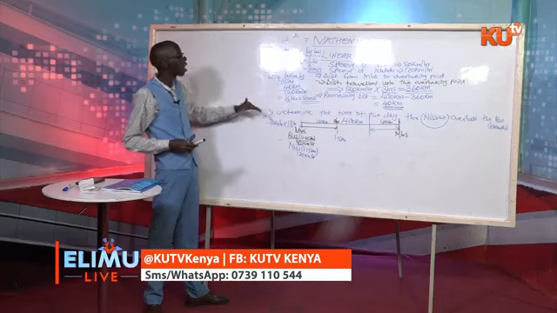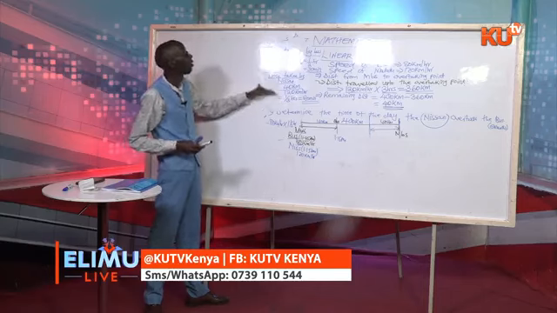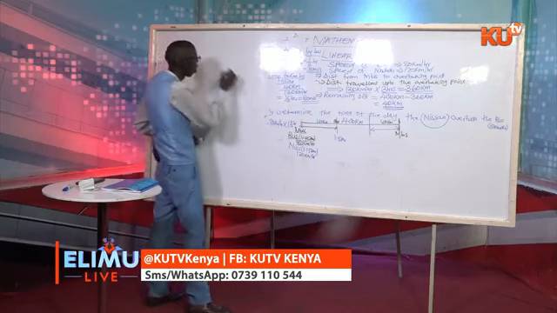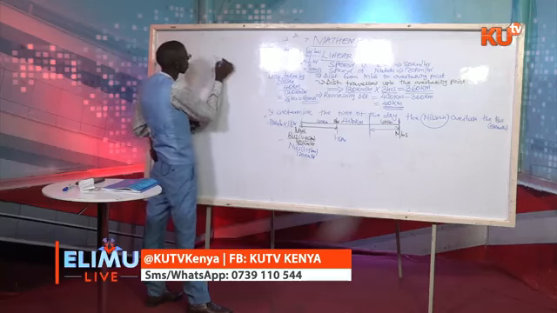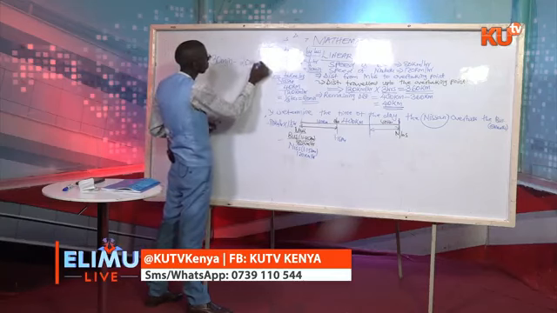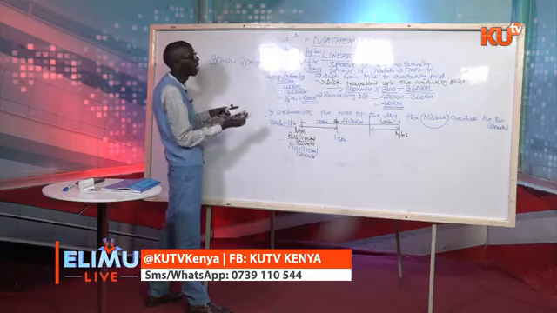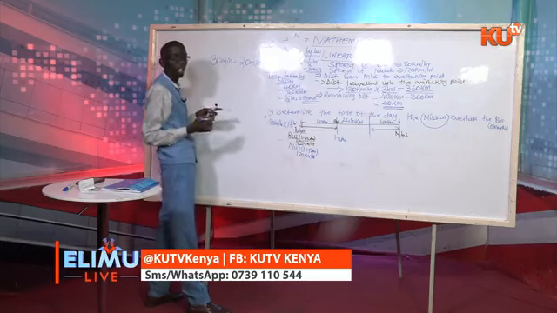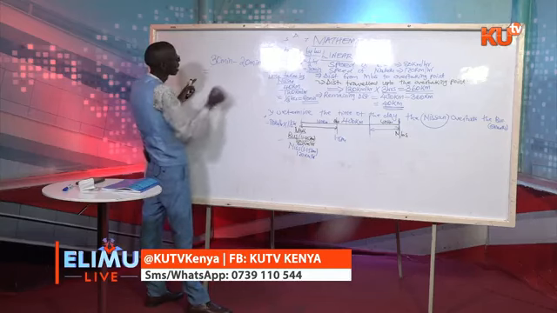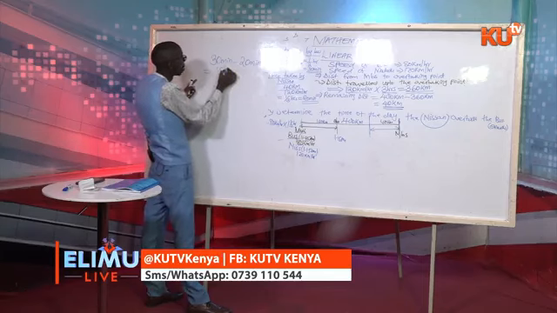So how long did the Nissan have to wait for the bus to arrive? Very simple. If it arrived after 20 minutes, the other one arrived after 30 minutes. So it had to wait for 30 minutes minus 20 minutes, which is 10 minutes.